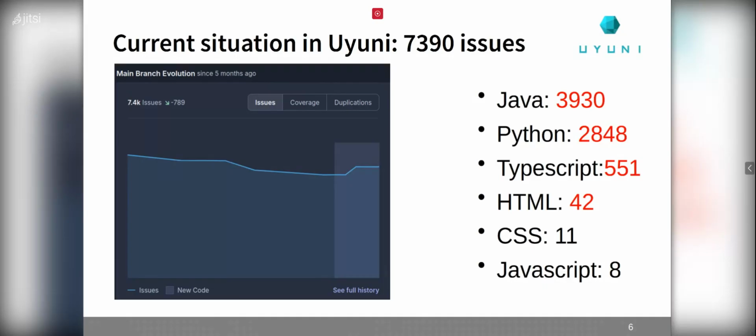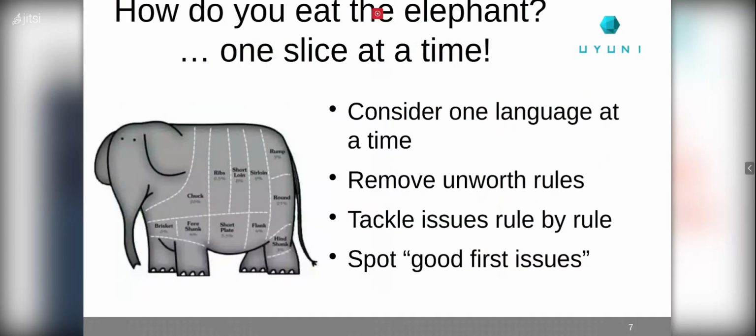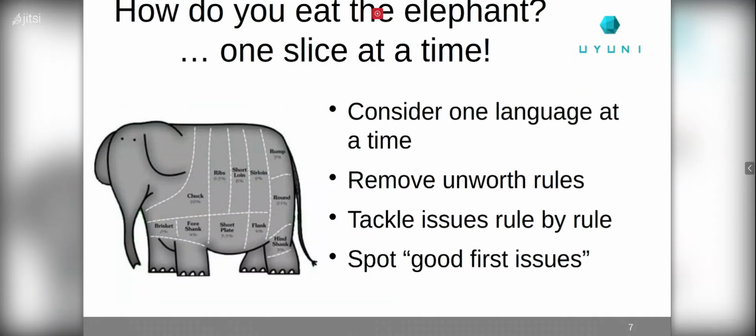So now the point is, how do we eat the elephant? How can we achieve this objective? Well, of course, one slice at a time. So my proposal on how to slice this kind of huge elephant is the following one. First of all, let's start by considering one programming language at a time. Then for each language, let's remove SonarCloud rules that we don't think are worth applying.